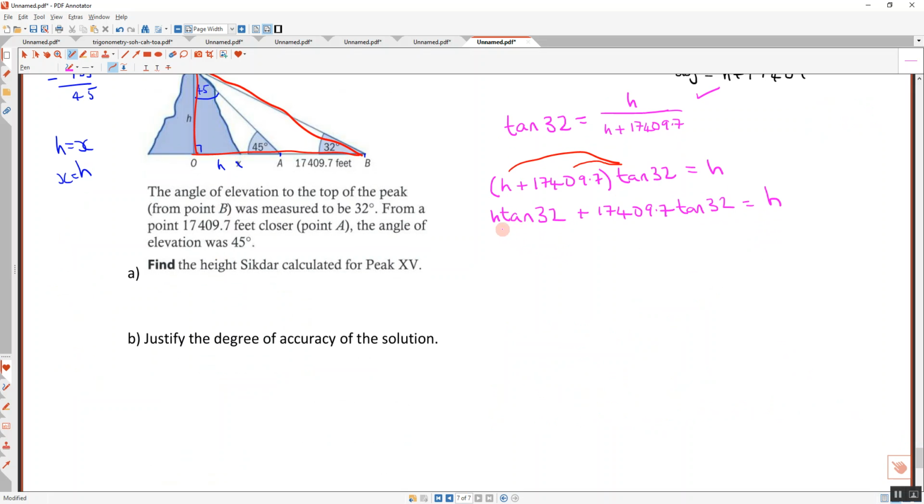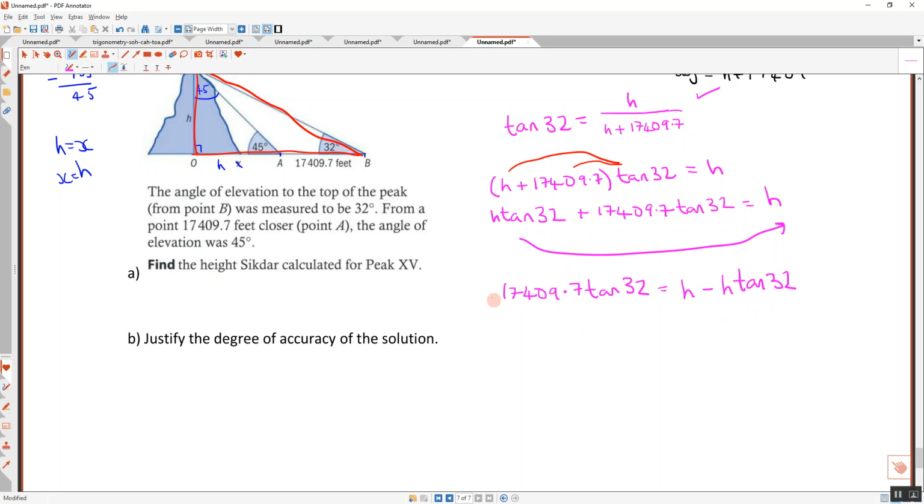Now, I want to work out what h is, so I'm going to get all my h's together. I'm going to bring this over. Okay, 17409.7 times tan 32 is equal to h minus h tan 32.